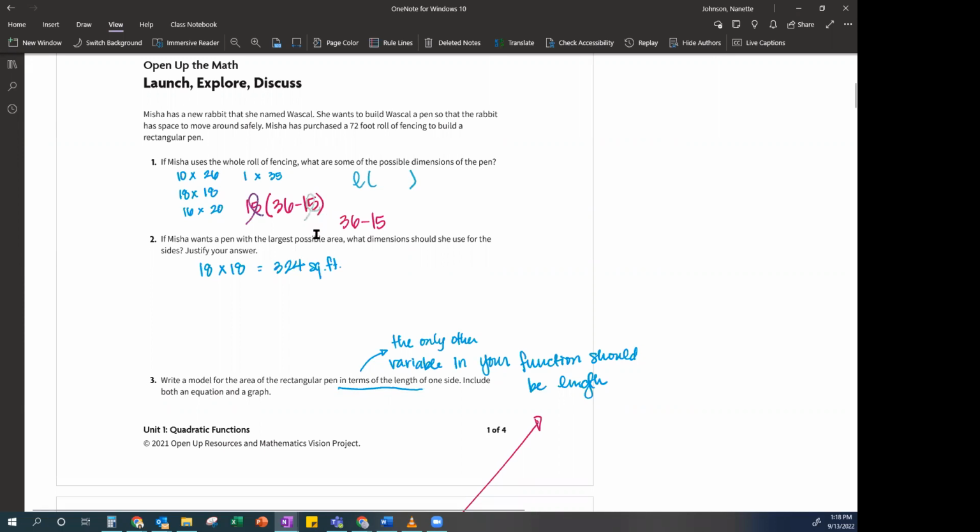Can you put that in the chat? L times 36 minus L. I just need you to put that in the chat. The reason why I want that in the chat is because if I make you write that in class, I would have made you say it out loud. Okay, everybody turn to your neighbor, say 36 minus L, right? Very good, very, very good.